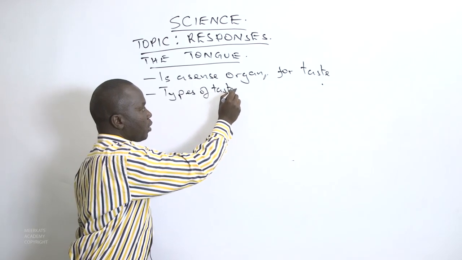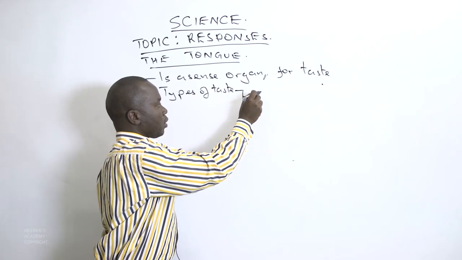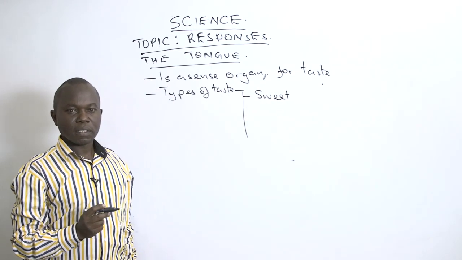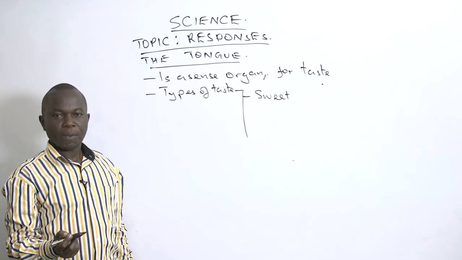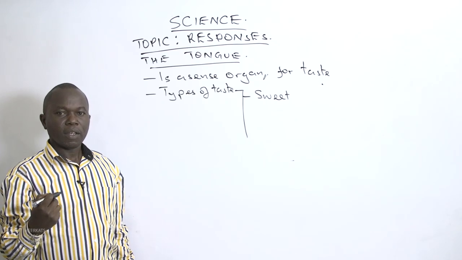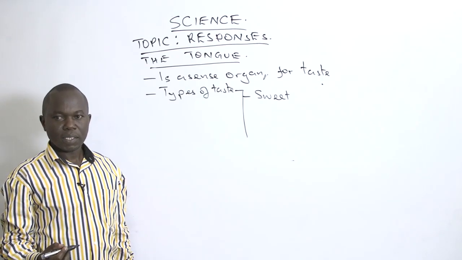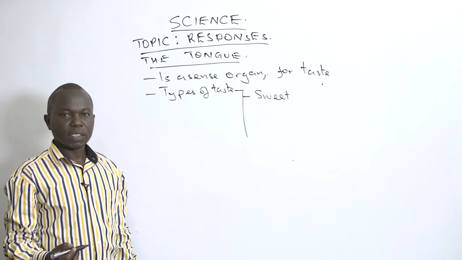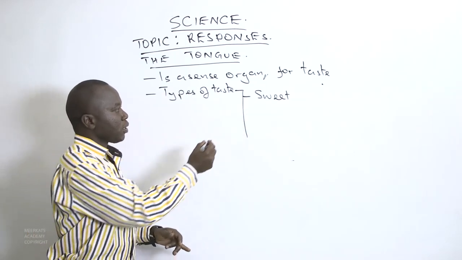So the food you eat could be either sweet. You can't tell that the food is sweet just by looking at it. You can tell that by dropping small particles of the food on your tongue. Like, for example, if it is tea or coffee, you'll add in sugar and it becomes sweet.